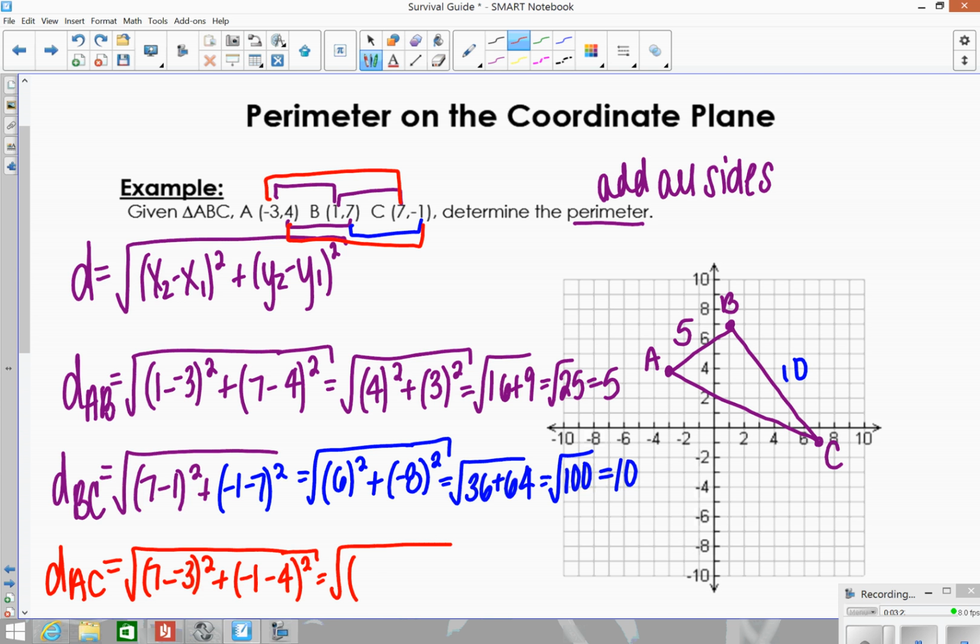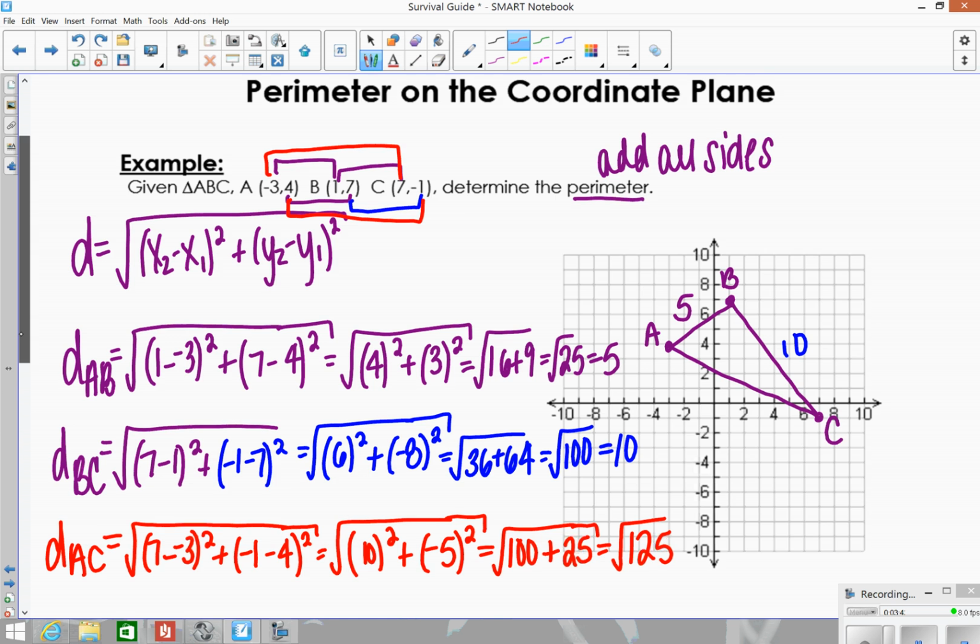So we add these, we end up with 10, negative 5 when we combine those. So then square each piece, so we have 100 plus 25. Make sure when you square that negative, it's becoming positive. This gives us the square root of 125.